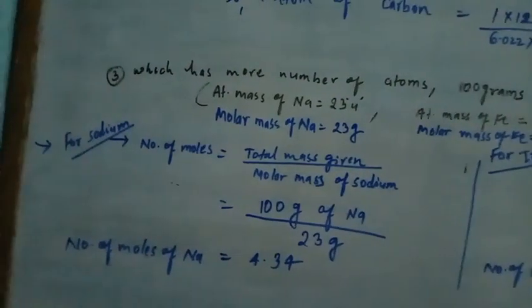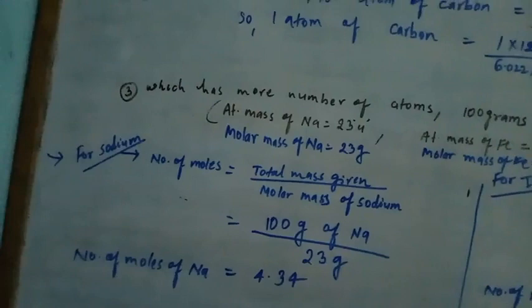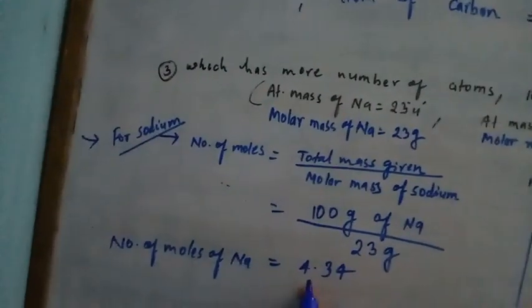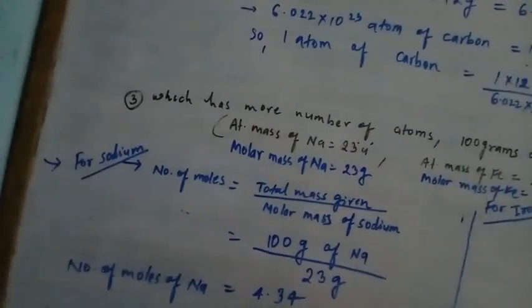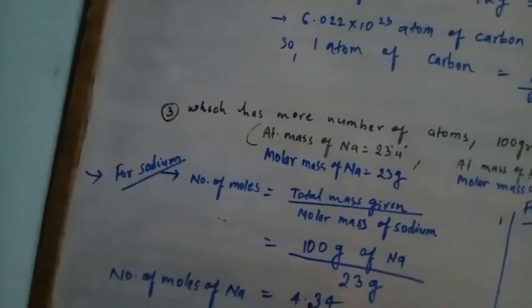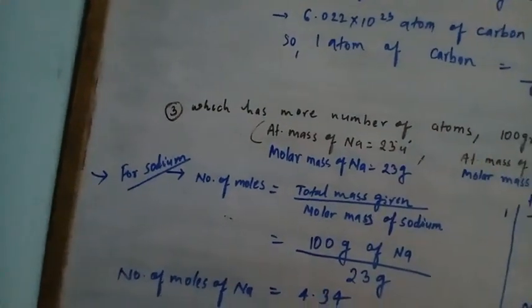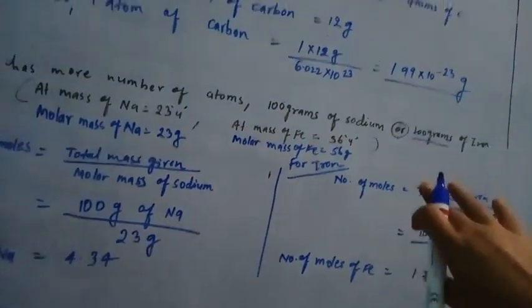You know that the more the number of moles of any atom, the more will be the number of atoms. Here you can see 4.34 is greater than 1.78. So automatically we can say that the number of moles of sodium is greater than the number of moles of iron. So the number of atoms present in 100 gram of sodium will be greater than the number of atoms present in 100 grams of iron.